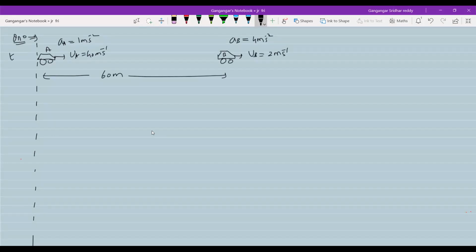Okay, this is t equal to 0. Initial velocities and accelerations of cars A and B are as shown.